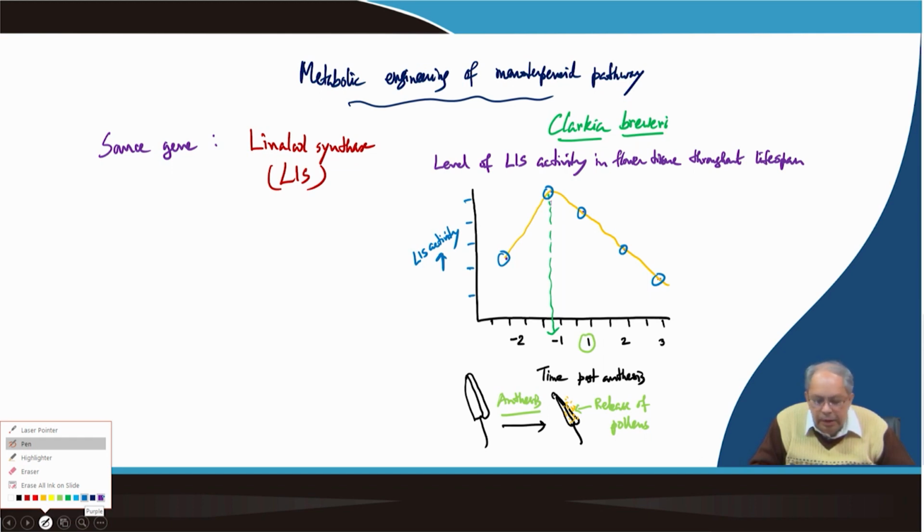Now, the next point is, what is the source of this linalool synthase? It is from Clarkia breweri.